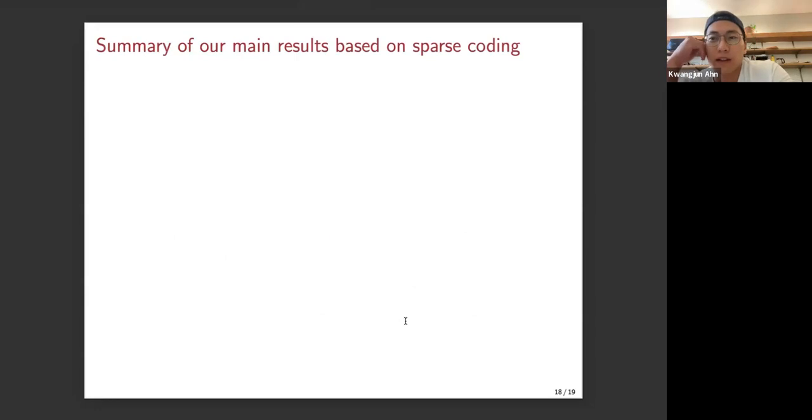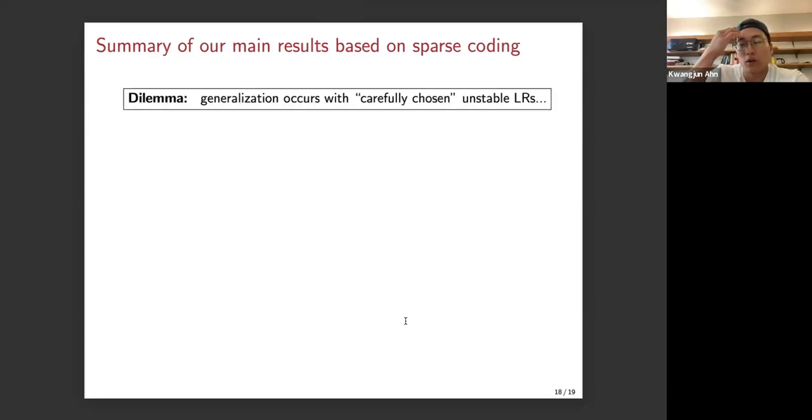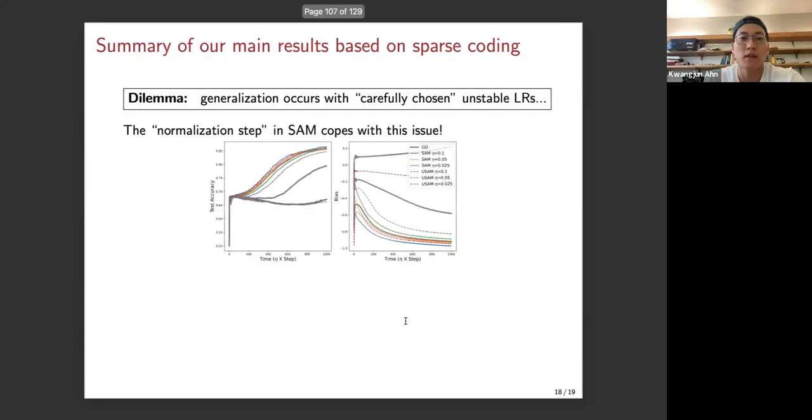Since I have very limited time, I'm just going to briefly summarize the main result of the second paper. Again, recall the dilemma of tuning the step size carefully for generalization. It turns out the normalization step in SAM precisely copes with this issue.